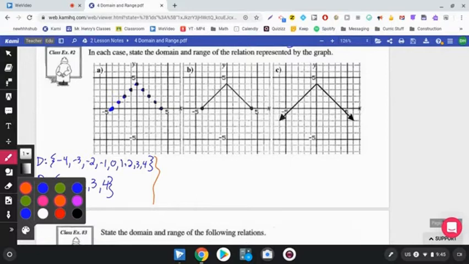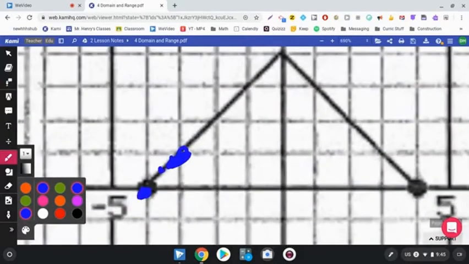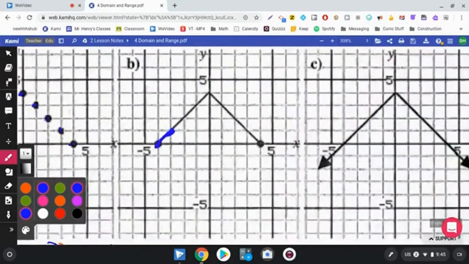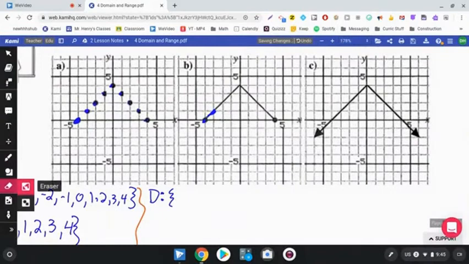Because if I said for domain, I can't say -5 and then -4, because if I zoom in on that section, there's also -4.5 and -4.75 and -4.25, and there's every single point. I can keep going and going and getting closer and closer. The decimals would just get smaller and smaller. So I can't just list points. When it's a continuous line, I can't list points.